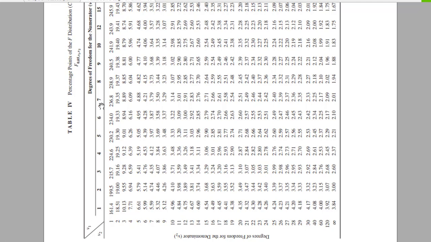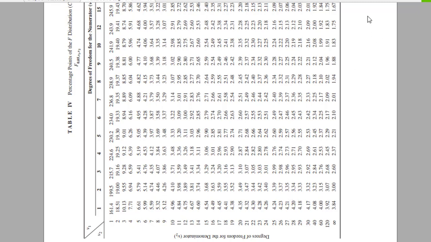The first thing you have to check is what's written: it is F 0.05. This table is for significance level 0.05. Then v1 represents the horizontal row, whereas v2, the degrees of freedom for the denominator, is represented as the vertical column. So we have to check the intersection of 2 in the numerator and 27 in the denominator, and we get 3.35.